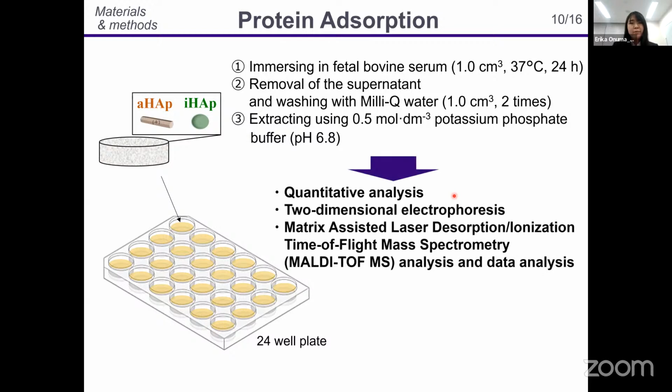Protein extracts were measured for protein contents by the Bradford method and subjected to two-dimensional electrophoresis, 2D-PAGE, and mass spectrometry analysis. Moreover, the obtained mass spectrometry data were analyzed by data analysis.